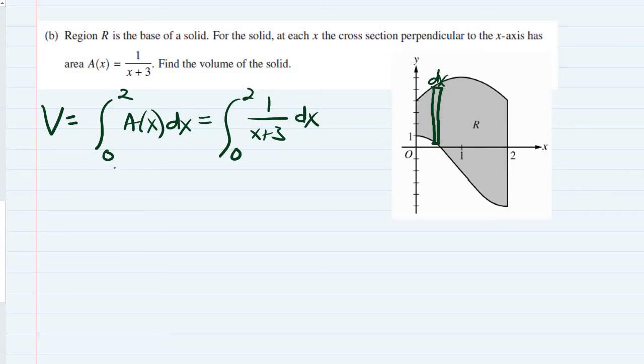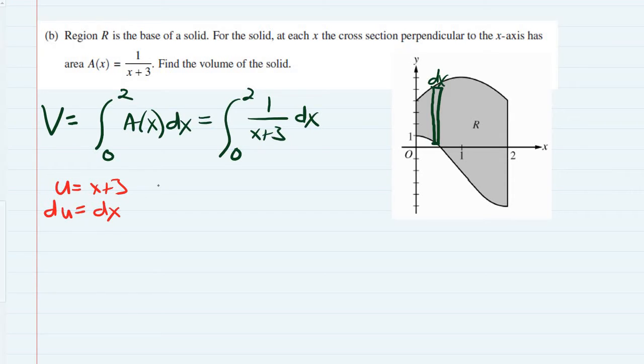Now you could straight away know that the antiderivative of 1 over x plus 3 is the natural log of the absolute value of x plus 3. But I'm going to go ahead and use u substitution. I'm going to let u equal x plus 3. Therefore du would be equal to dx.